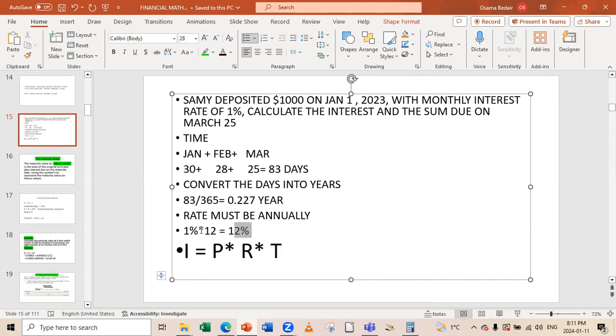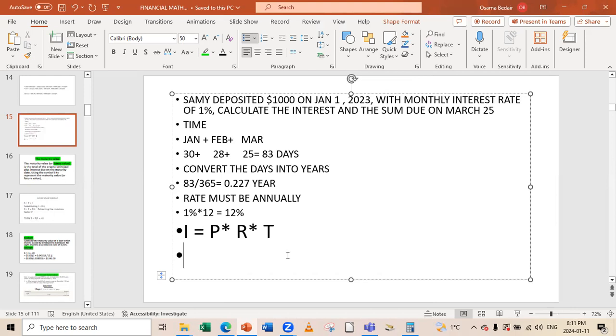Here it is. I converted the days into years, and I converted the monthly percentage into an annual percentage. Now I can apply this formula here and finish the example the way it is in front of you. So I will say the interest will equal the principal, which is 1,000.